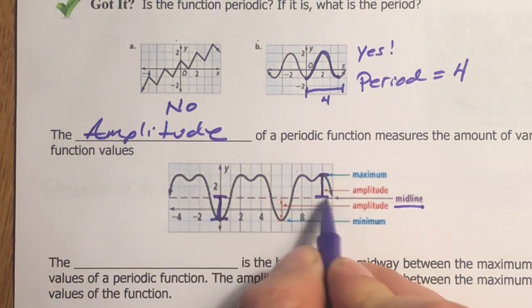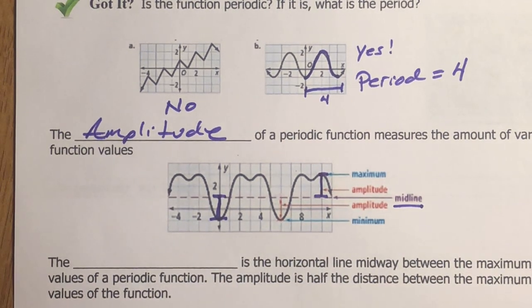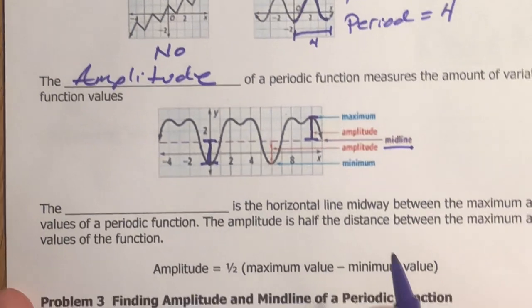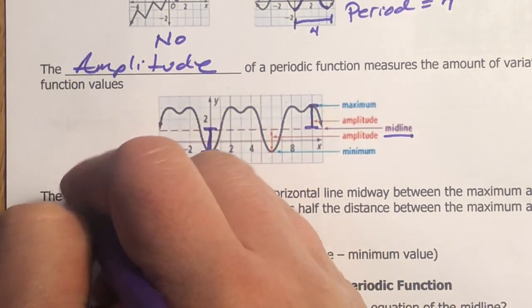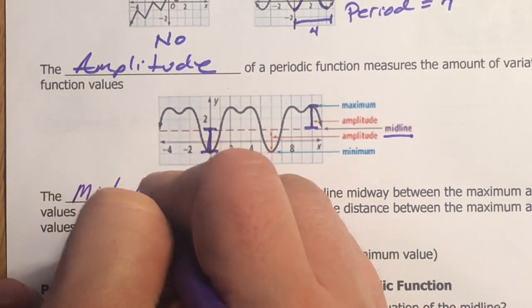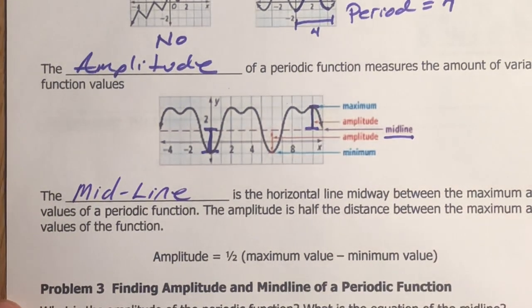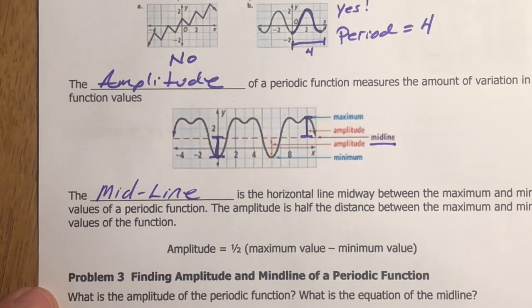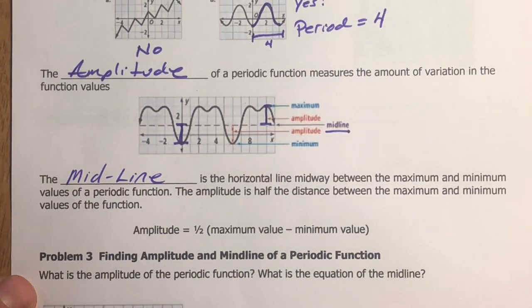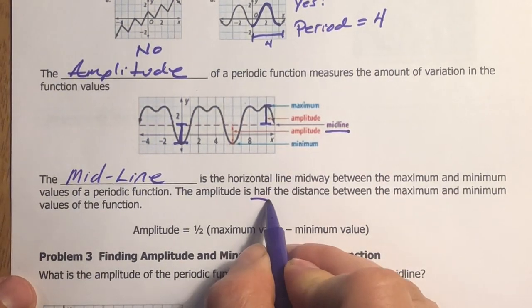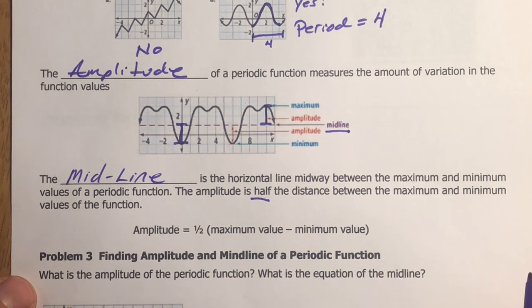Either one, that's my amplitude. The midline is the horizontal line midway between the maximum and the minimum values of the function. The amplitude is half the distance between the max and the min.